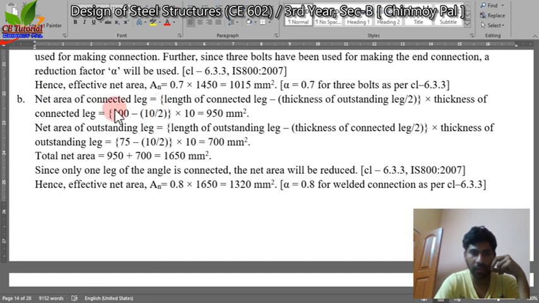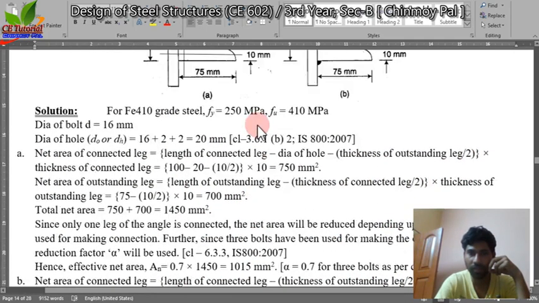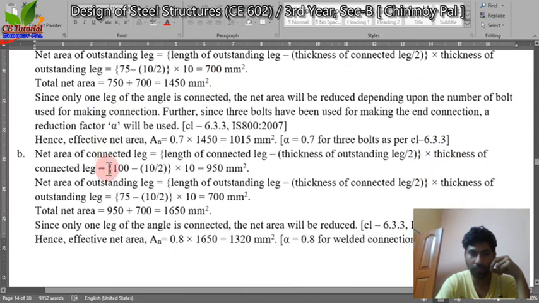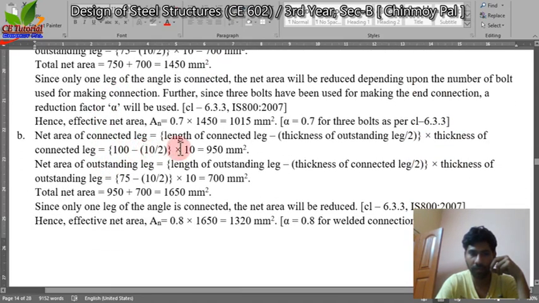Net area of connected leg is equal to length of the connected leg minus thickness of the outstanding leg by 2 into thickness. That means again we are considering up to the midpoint of two central lines. So for the connected leg, 100 minus 10 by 2, into 10.